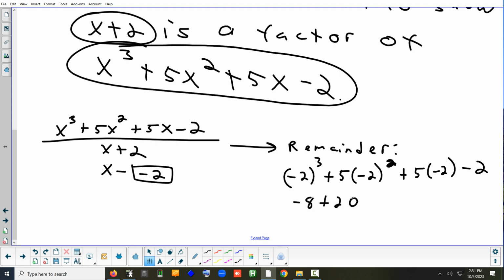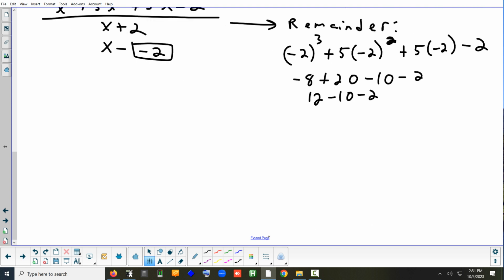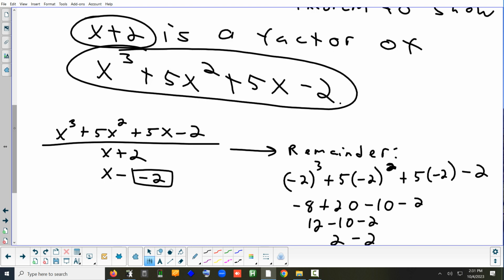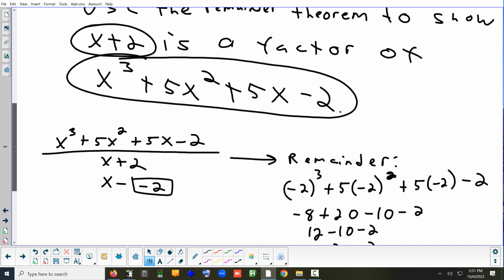So it's 20. What's 5 times -2? -10. Okay. What's -8 plus 20? That's 12. And now what's 12 minus 10? 2. And 2 minus 2? 0. So we just showed that if you divide these two things, you're going to get a remainder of 0.